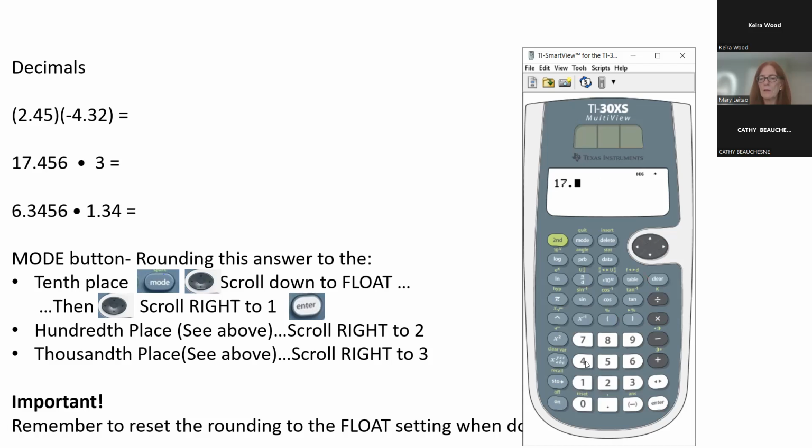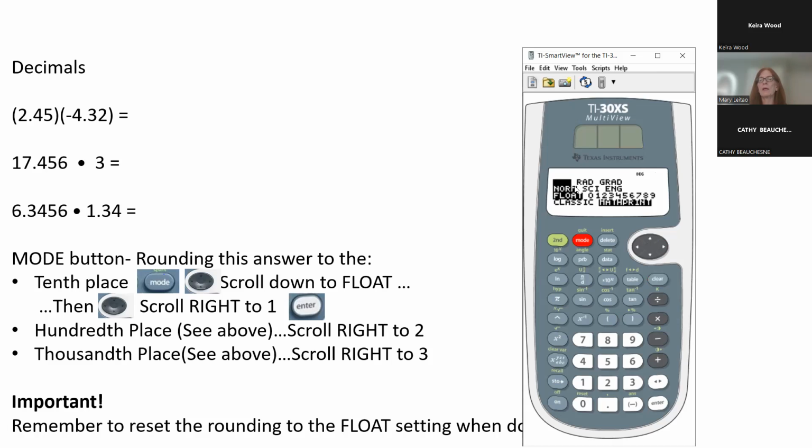17.456 times 3. Enter. There's your number showing the values out to the tenths, 100ths, and 1,000ths place. Clear. Okay, the mode button. This will change those things. Initially in the beginning, I said these things should be set this way.